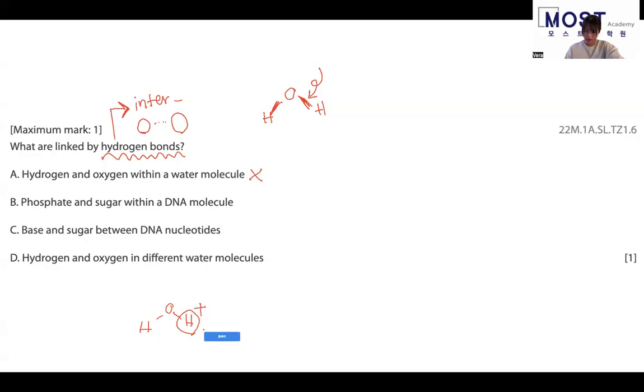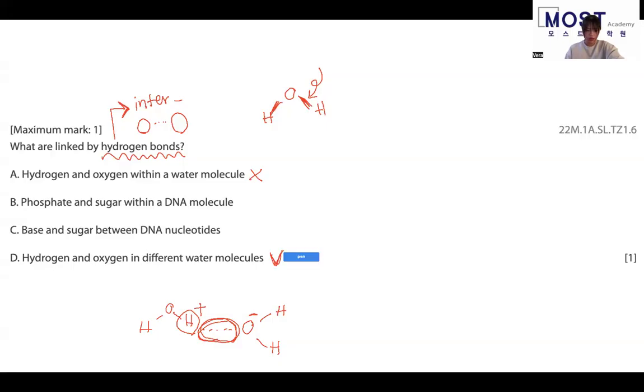And then the hydrogen bond would occur between the positively charged hydrogen and the negatively charged oxygen part of the neighboring water molecule. So this is what we were looking for, the hydrogen bond, and this is happening between neighboring molecules, which is an intermolecular bond, right? So this is the answer.